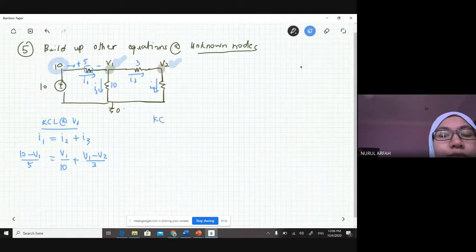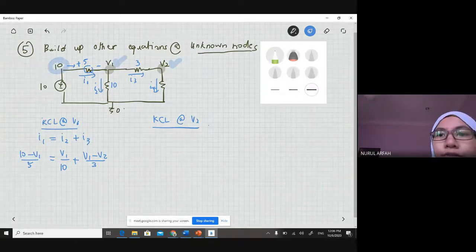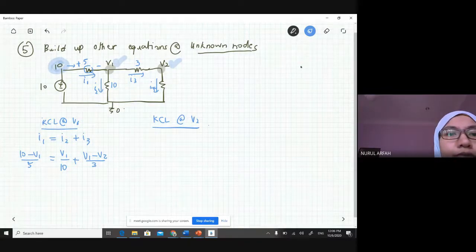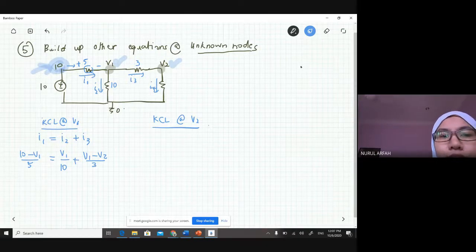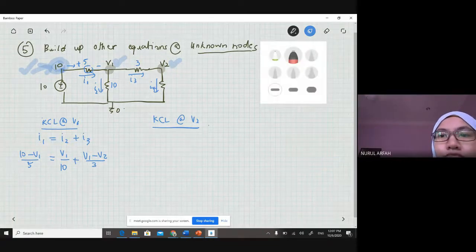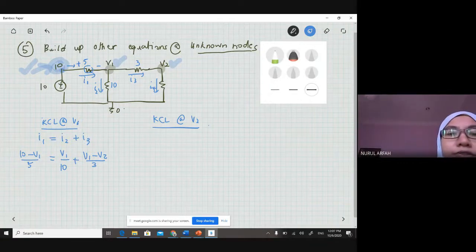And then you build up another one, KCL at V2. By the way, if you give me this 10 volt node here, I give you some points. Correct marks there, so that I know that you know what you have here.